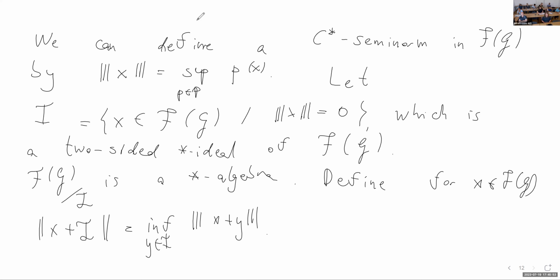So since we modded out everything where the seminorm is 0, what happens is it's going to be a C-star norm. This is a C-star norm.